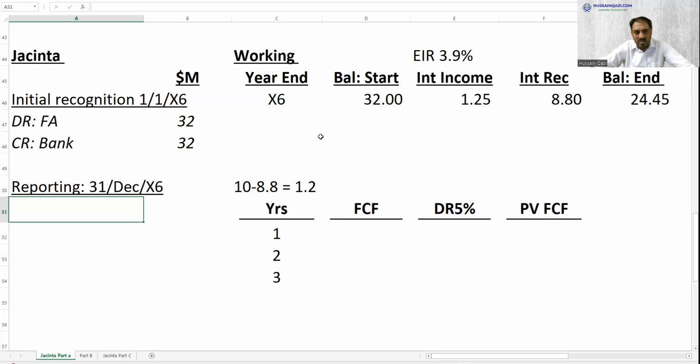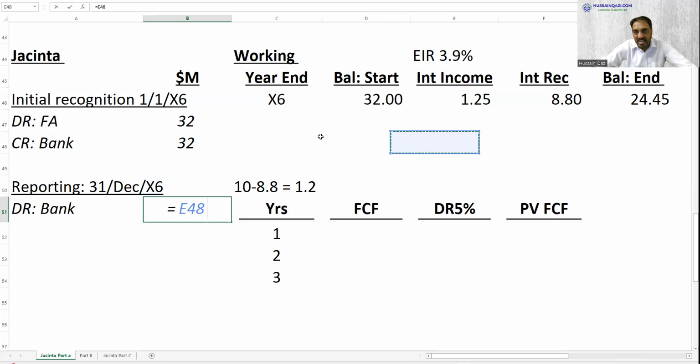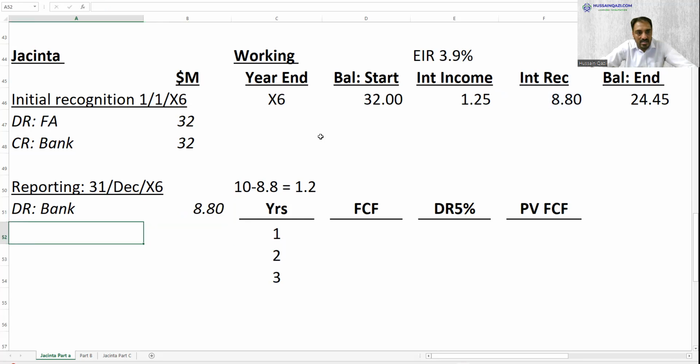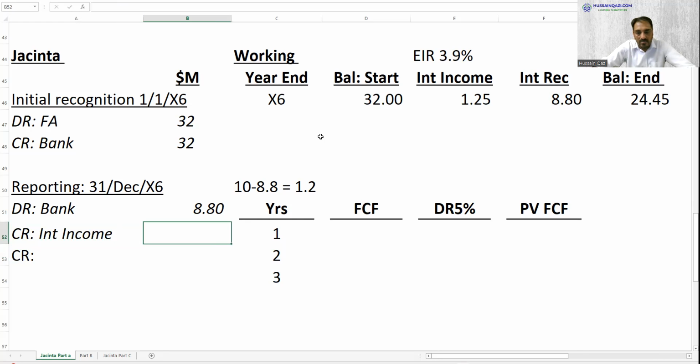Simple amortization schedule. Debit bank, whatever the interest received, 8.8. Credit interest income, 1.25.